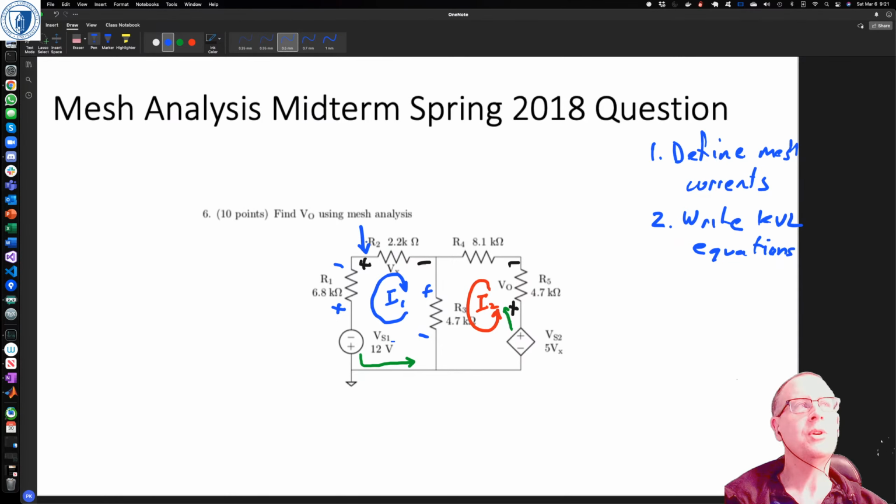And what I don't want to happen is I don't want to make I1 go into the negative side of Vx if I can possibly avoid it. Because otherwise, I need to use the anti-passive sign convention version of Ohm's law, which is V equals minus IR, which confuses everybody, including me. Gotcha. Okay.